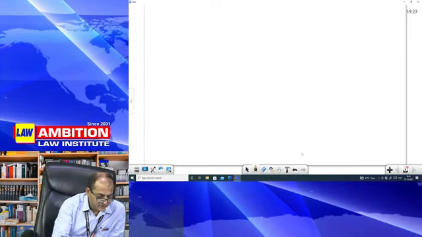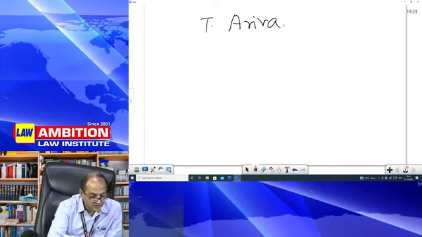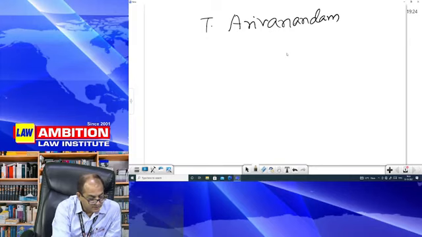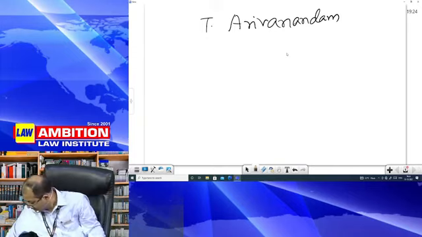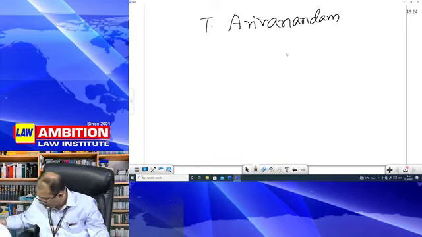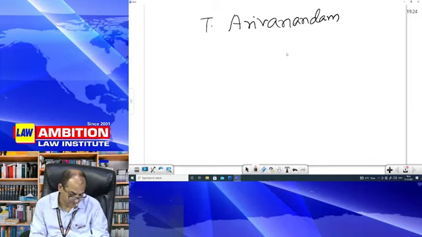So, whenever you get a case or question on rejection of plaint which will come in your examination, it's very important. T. Arivandandam. The name should have a 'Nandam' ending, but I don't know why something else is written here, the spelling is different. I don't think this is correct. I don't know, maybe. This decision has been quoted in many cases which I have sent you in your app also, T. Arivandandam.